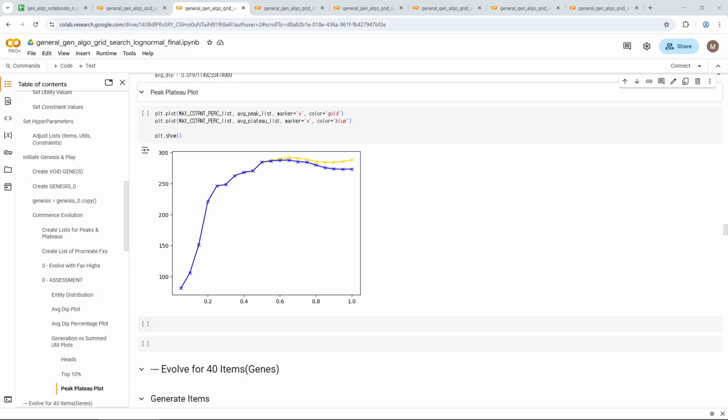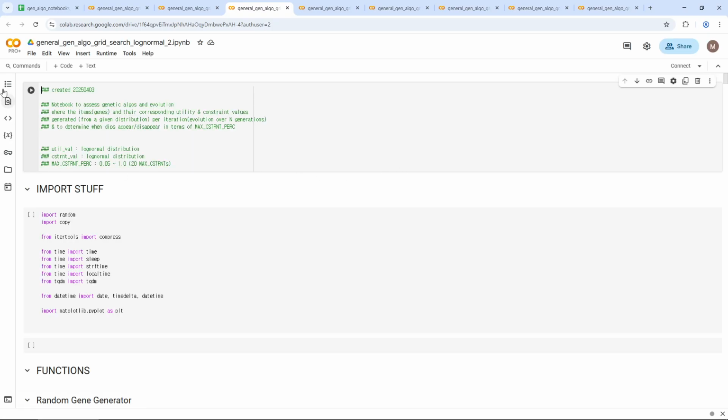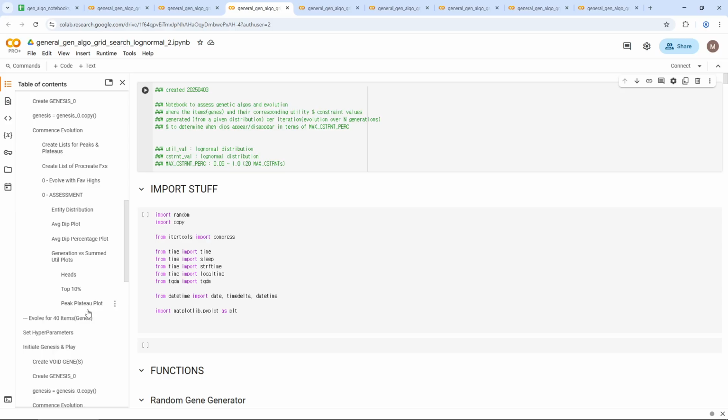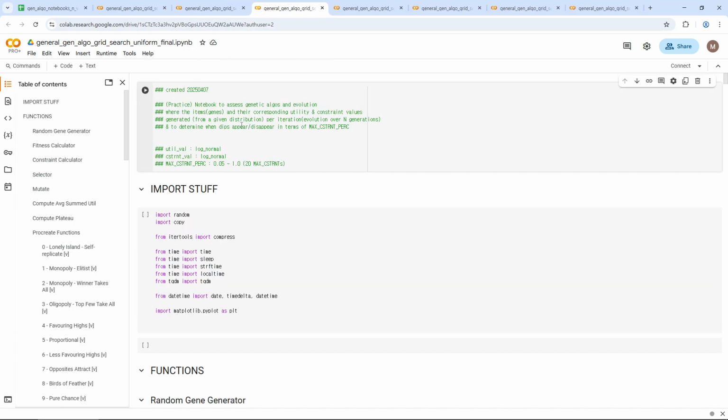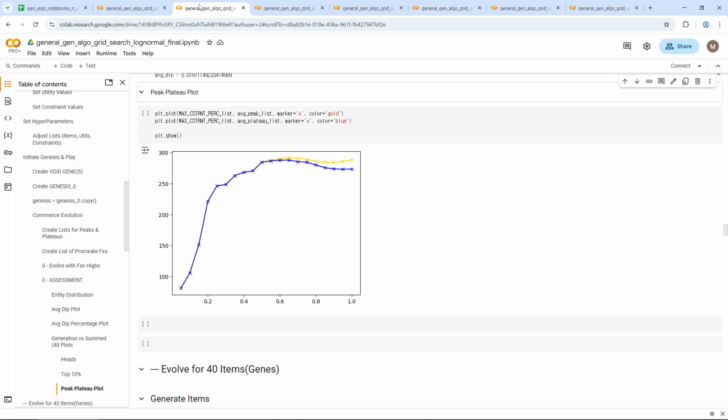This is log normal. I wonder if I have the peak plateau plot here. Oh no, this is when things were sampled per iteration, so of course this looks different. So that's that, but I wanted to show this when this happens with log normal.